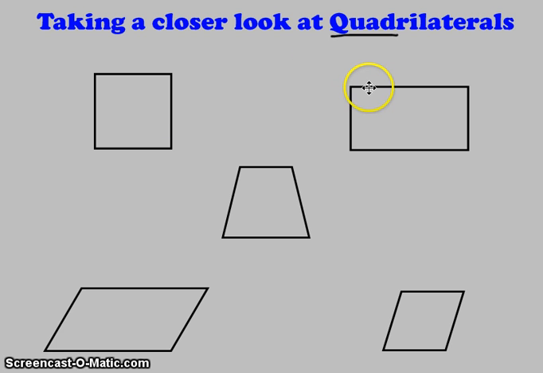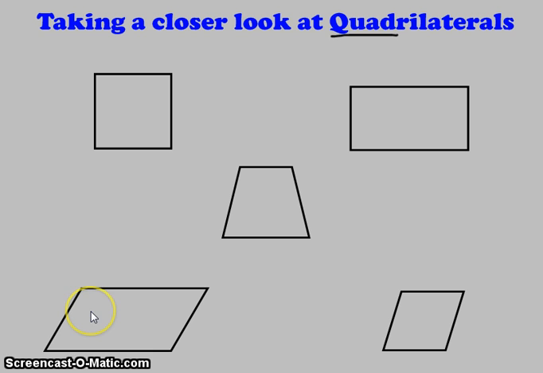Now take a look at the rectangle. It has something in common with another one of the quadrilaterals besides the square. Other than the square, none of them have right angles. They all have four sides. So what does the rectangle have in common? Take a look. Do you see it?